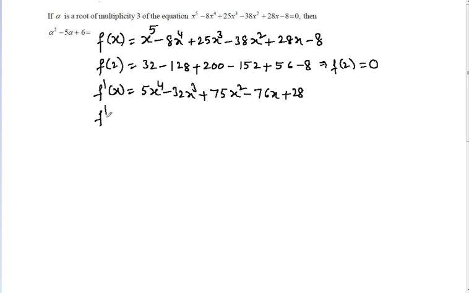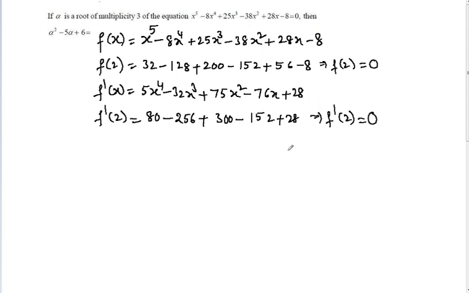Now we find f′(2), substituting 2. 2⁴ is 16, 16 into 5, that is 80, minus 8 into 32, that is 256, plus 75 into 4, that is 300, minus 76 into 2, that is 152, plus 28. From this f′(2) is also 0. So 2 is a second root of the given equation.